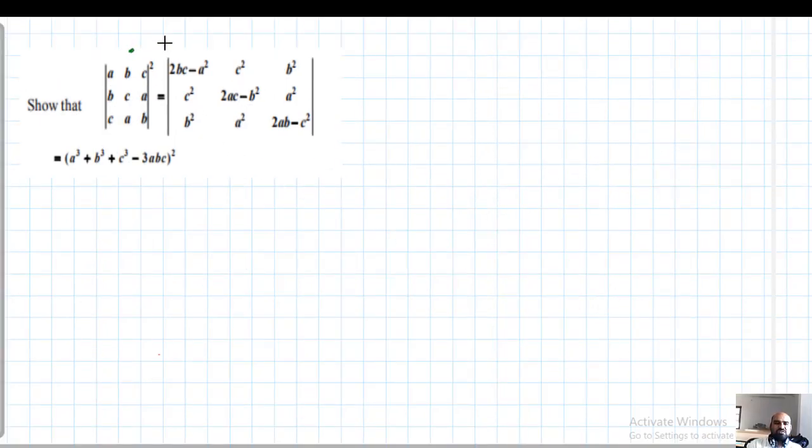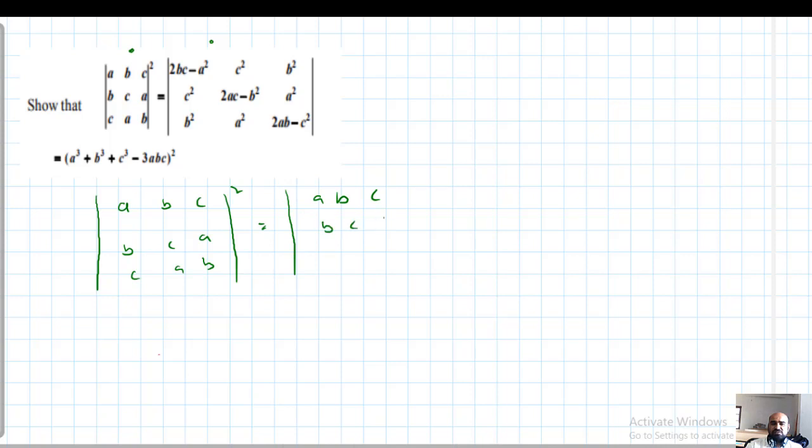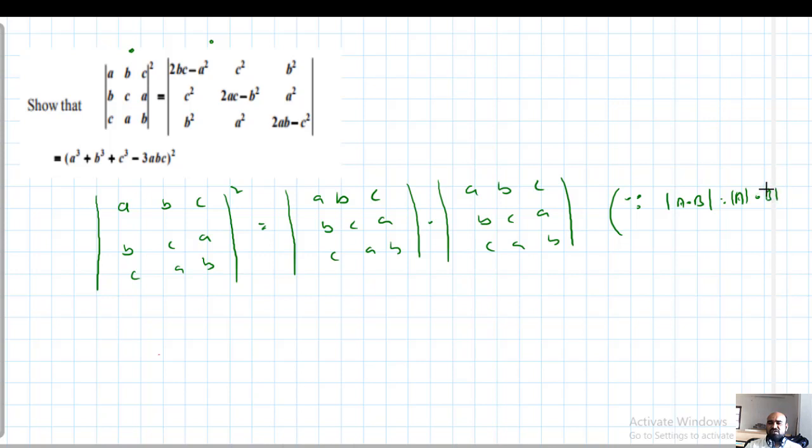Yeah, students, next I want to prove that this is equal to this. So first of all, the matrix A, B, C, B, C, A, C, A, B squared is the same as the matrix A, B, C, B, C, A, C, A, B into det of A, B, C, B, C, A, C, A, B. These two are the same, since det of AB equals det A into det B if A and B are of the same order.